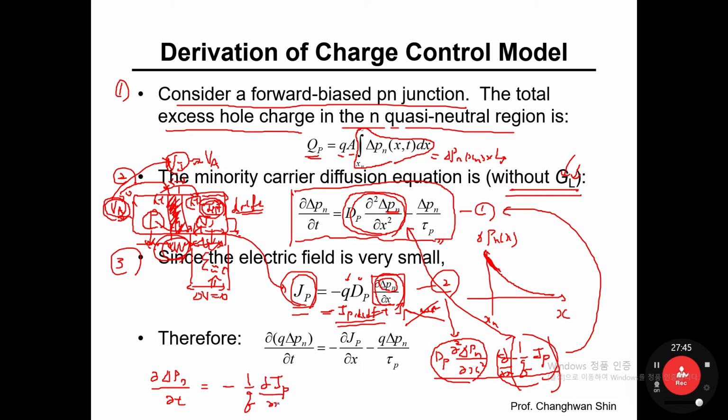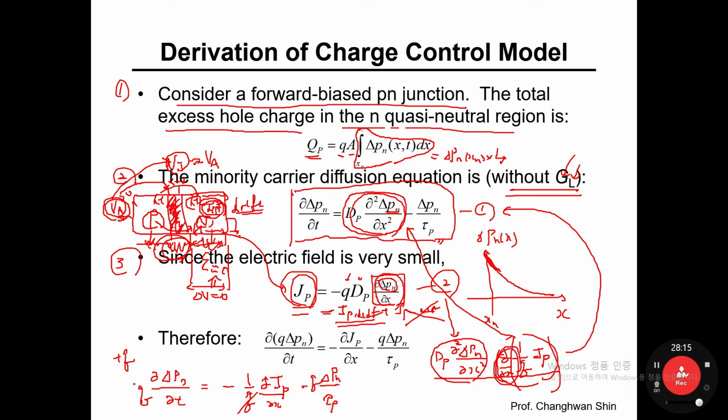One more derivative, because we have additionally taken the derivative with respect to x, and here minus delta p_n divided by tau sub p. Let's multiply both sides by plus q, so the q is cancelled out and there is one more q.